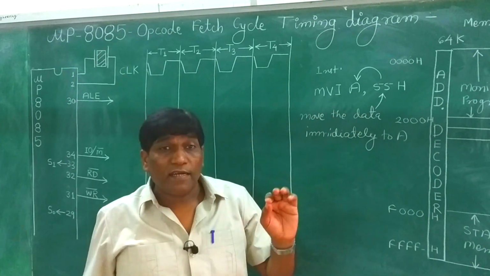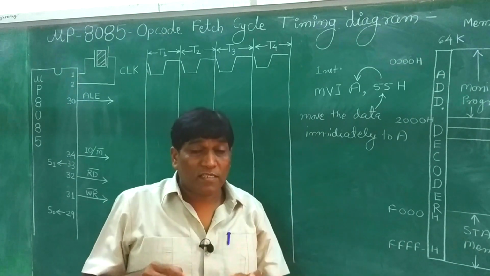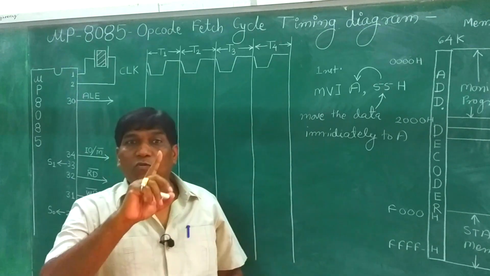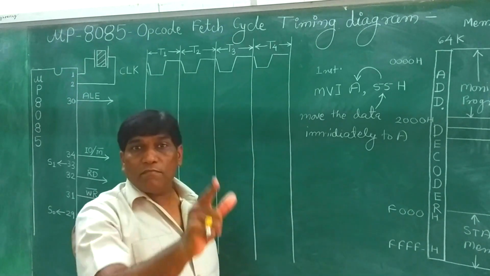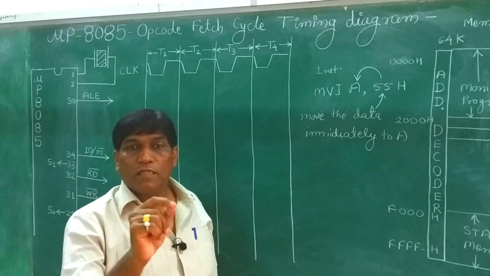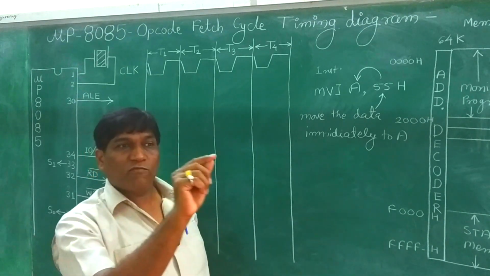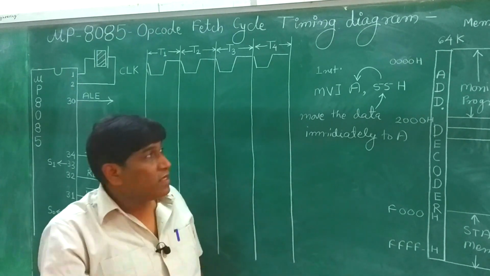It will understand the codes. It will understand the hexadecimal codes, which ultimately are converted into binary. And the machine will understand only binary, that is 1 and 0 and its combinations, which means 1 means plus 5 volt, 0 means 0 volt.